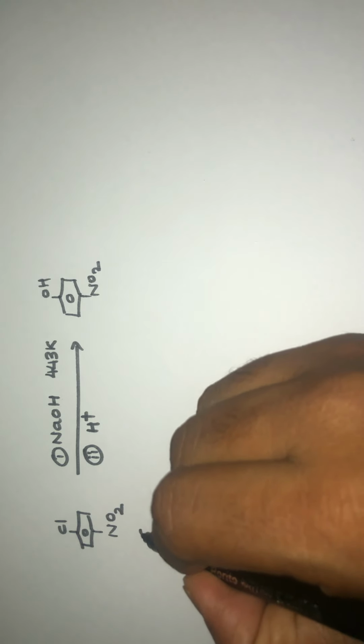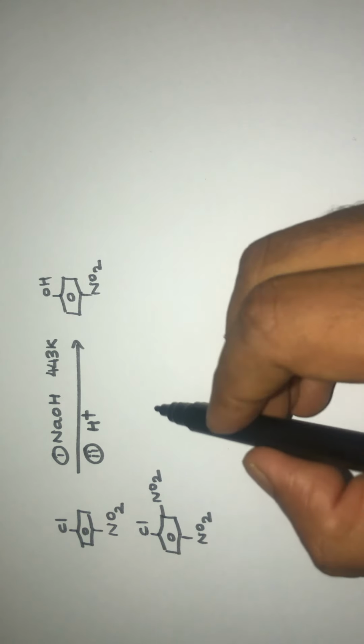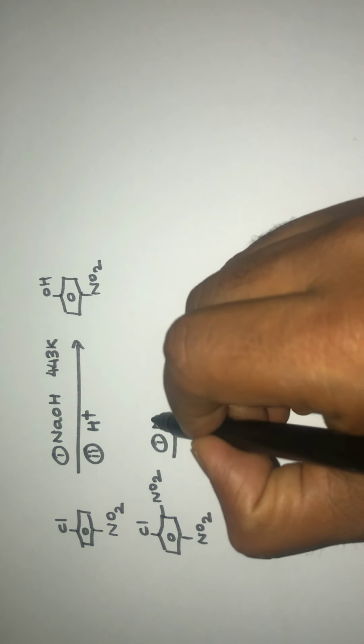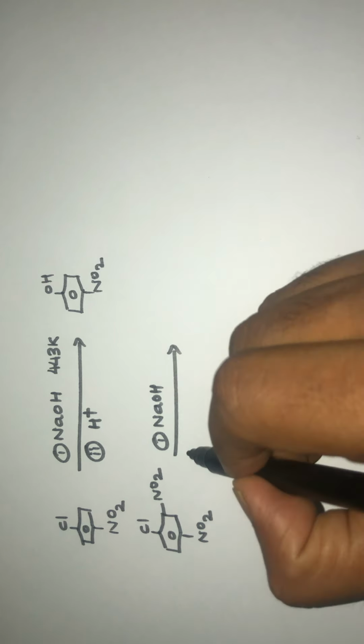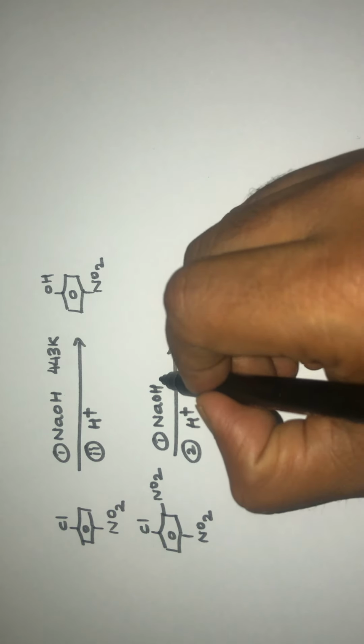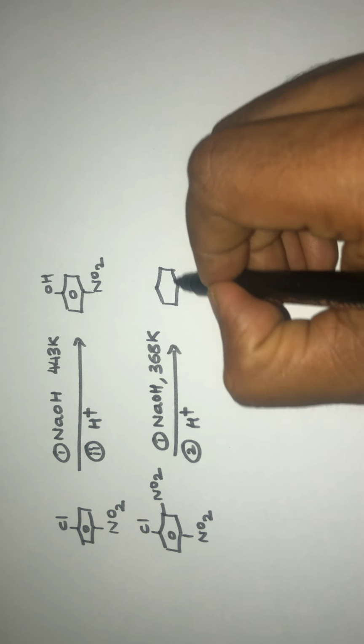As the number of NO2 groups goes on increasing, the reactivity increases. For example, take chlorobenzene containing 2 NO2 groups. As usual, first step is treating it with NaOH, second step is H+ ion. Here the temperature required is 368 Kelvin.